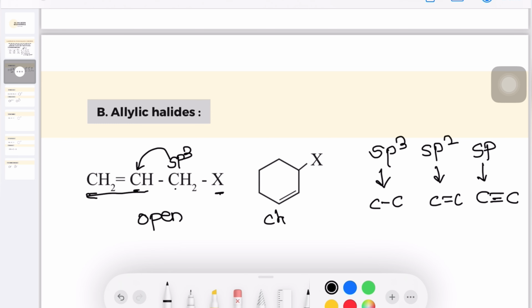They are present in open chain compounds or closed chain compounds. Here the halide is directly attached to the sp3 carbon atom, which has carbon-carbon single bonds and is next to the carbon-carbon double bond.